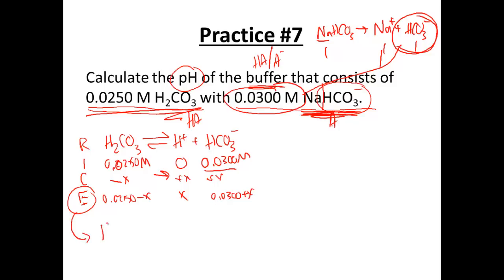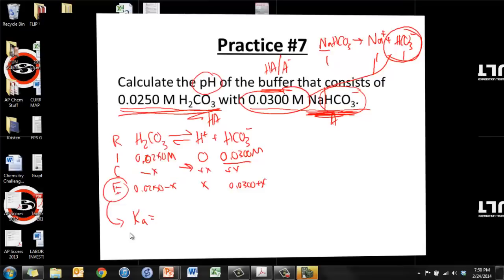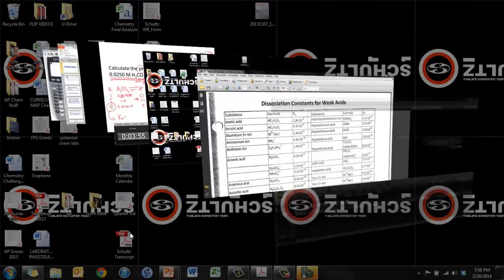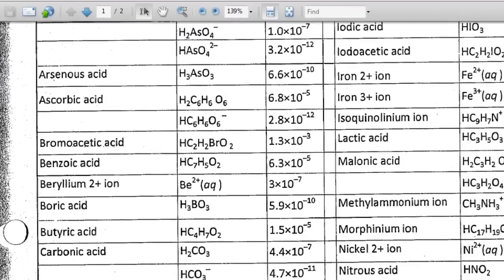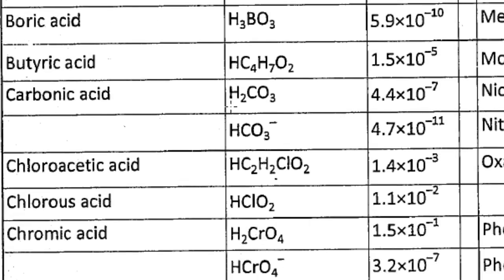In this case, we're going to do Ka, because we have a weak acid here. Ka for this acid we can look up, and it's carbonic acid, H2CO3, so let's try to find it here. And there it is. So H2CO3 is 4.4 times 10 to the negative 7.